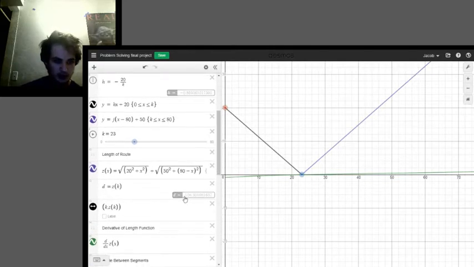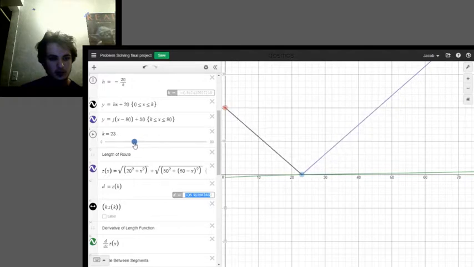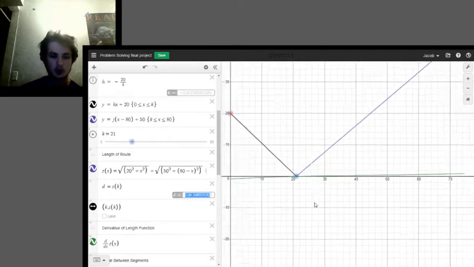And here you can see the value of d, the total distance, is 106.3, and if I go up a little bit, it goes up to 106.4, or if I go down a little bit, it's 106.4. The total distance increases on each side, so I know I found the minimum.